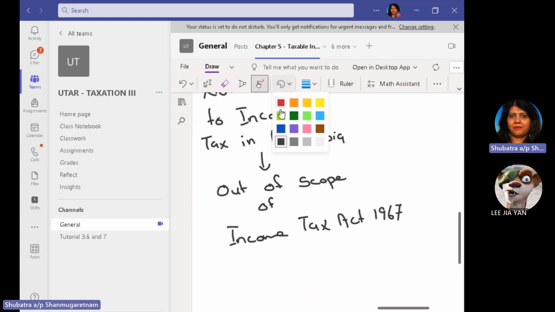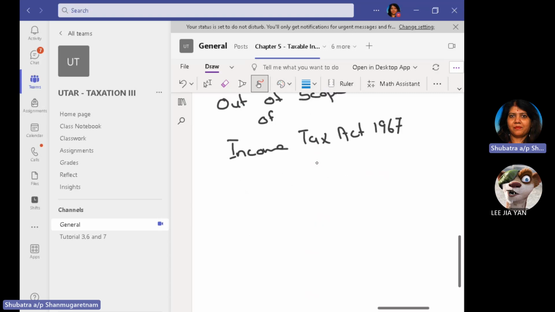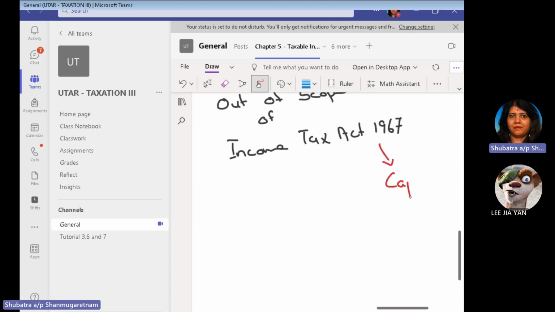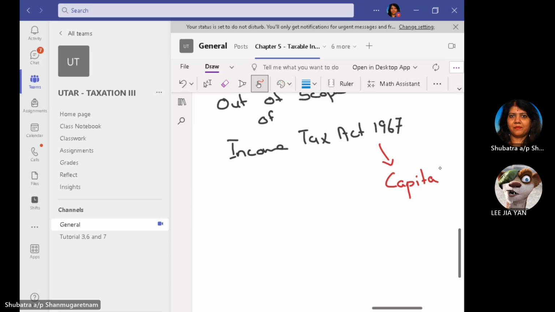All right. Now, what is non-taxable income? That means no matter how much money you get from this, you will not be subjected to tax. All right. Inland Revenue cannot capture you. So, the first thing is your capital gains.